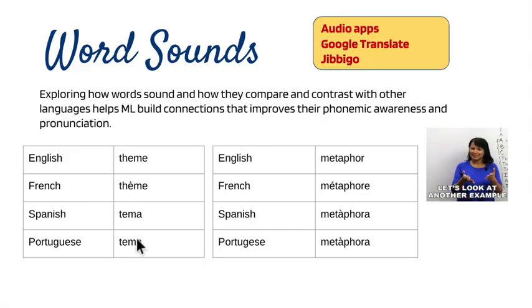So students can hear and see the difference. We have the word metaphor in French, métaphore. In Spanish, metáfora. And in Portuguese, metáfora. So very often looking at the bigger picture helps them build those connections.